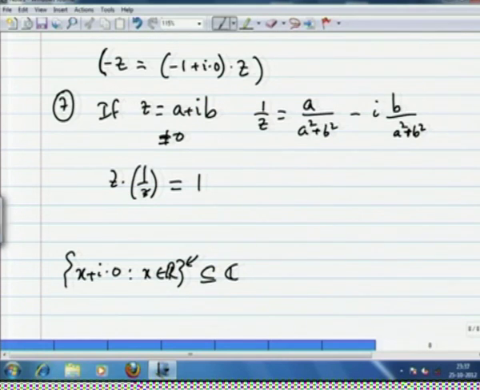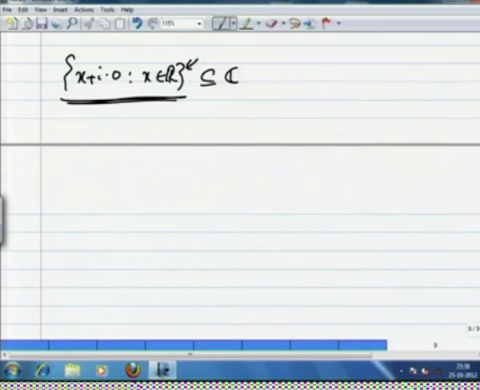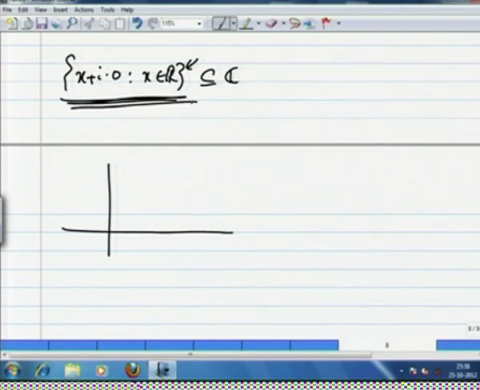So, this set indeed faithfully represents your real numbers contained in the complex number set. Owing to that fact, notice, these numbers are represented on the x axis. These are all numbers whose imaginary part is 0. So, these are represented on the x axis in the complex plane.